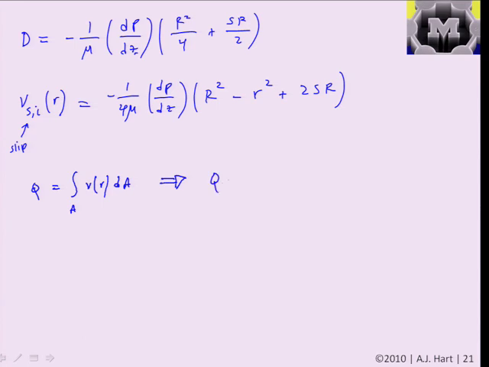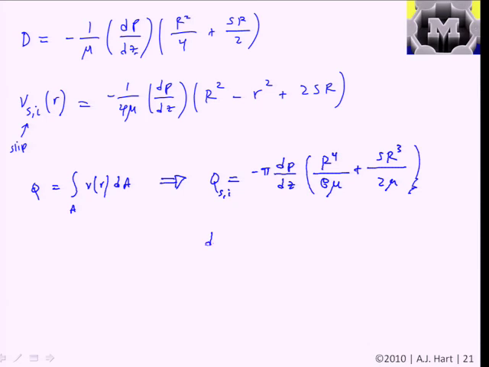We would get that the flow rate for the slip incompressible case is minus pi dp dz times r to the 4th divided by 8 mu, what we had before, plus SR cubed divided by 2 mu.